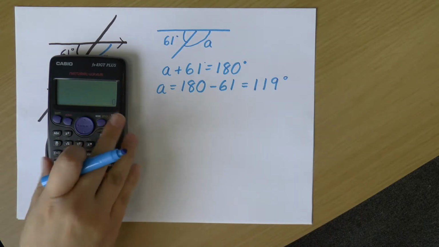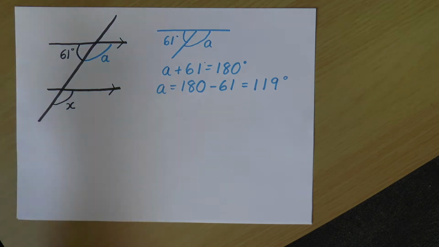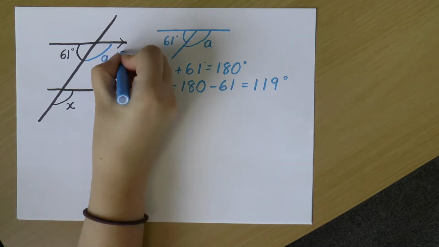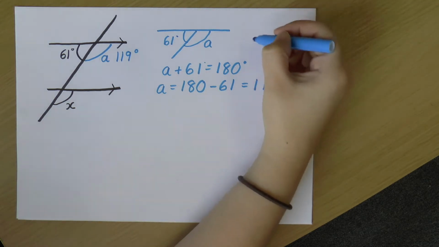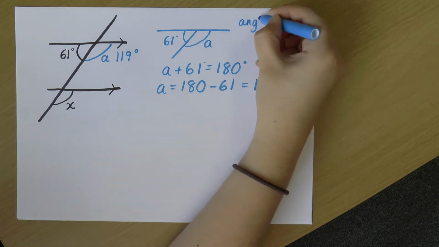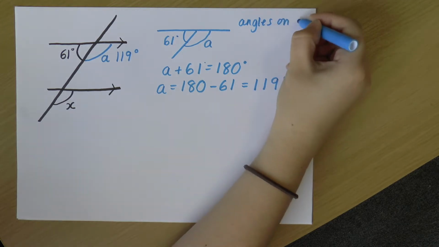Okay, so I know that angle A, this one here, is 119 degrees, and that is because angles on a straight line add up to 180.